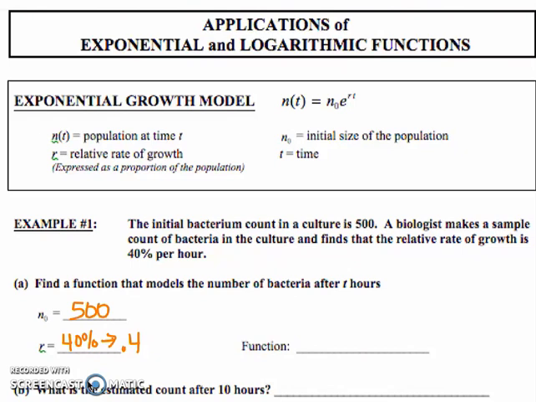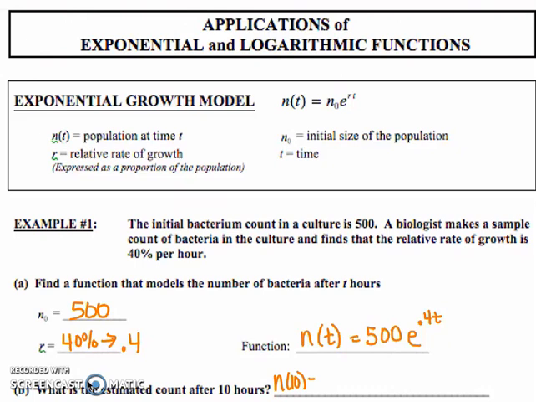Our first job is to write a function that models the number of bacteria after t hours. So n of t is going to be equal to our initial population, which is 500, times e to the rt, so 0.4t. Part B says, what is the estimated count after 10 hours? So we just have to plug 10 in for t.